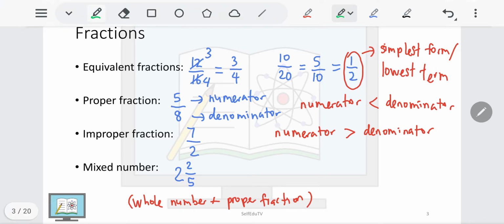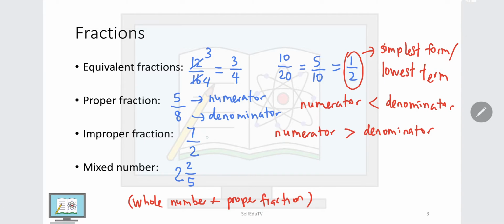So how to convert? For example, if I want to convert this fraction 7/2 to a mixed number, I can do so. I can split it as this. So 6/2 means 6 divided by 2 is 3. So that's how I change an improper fraction to a mixed number.